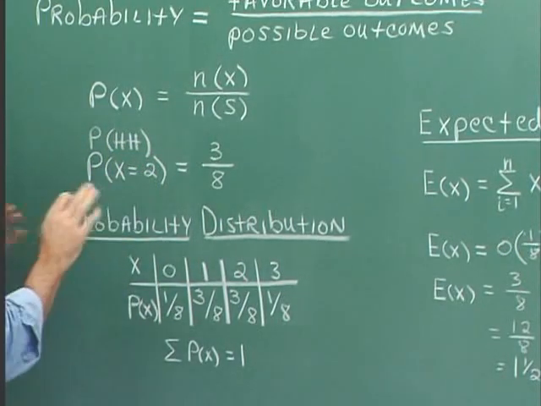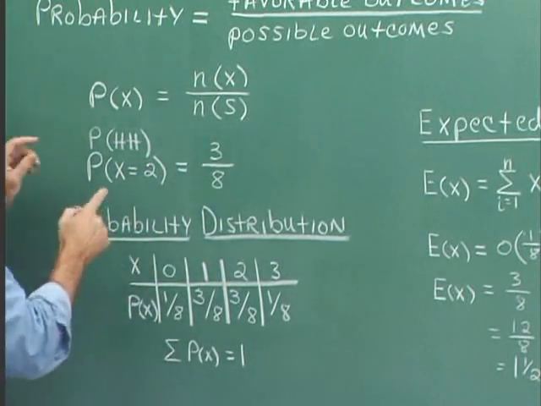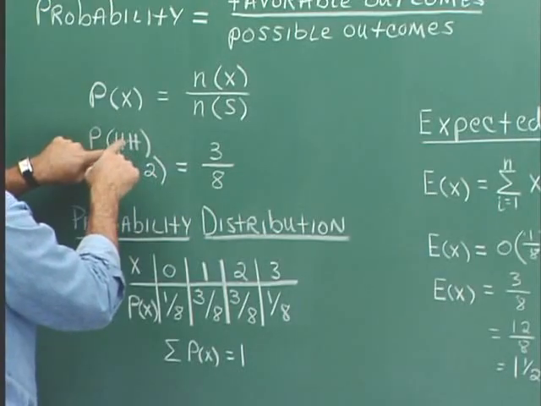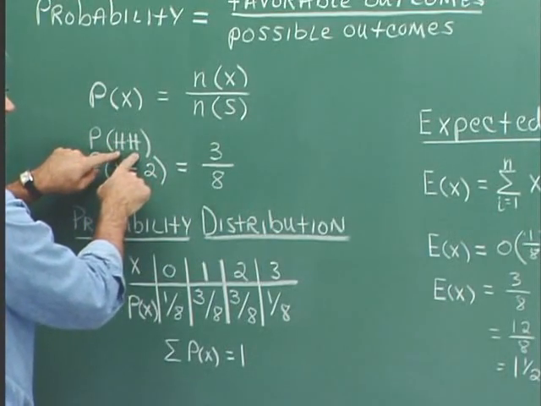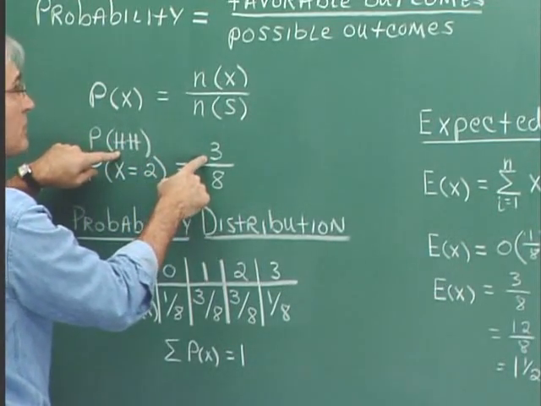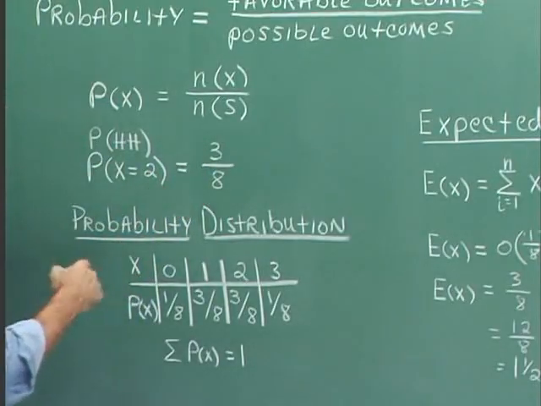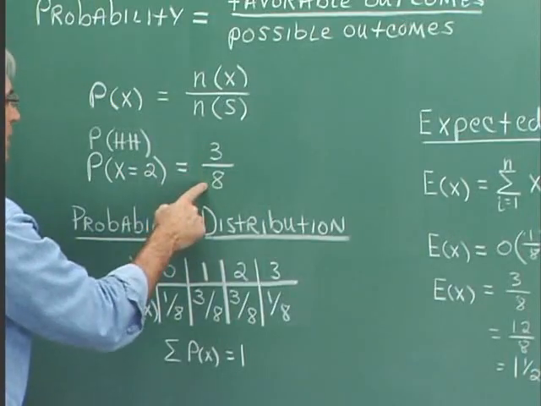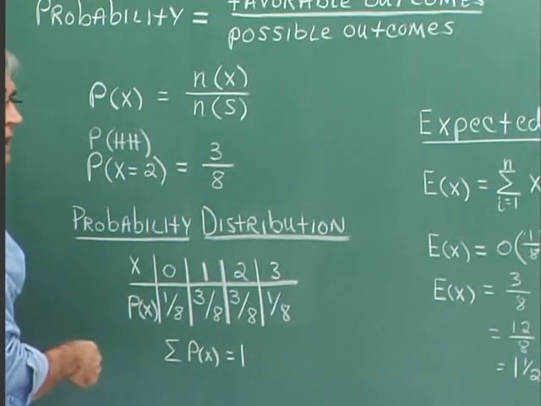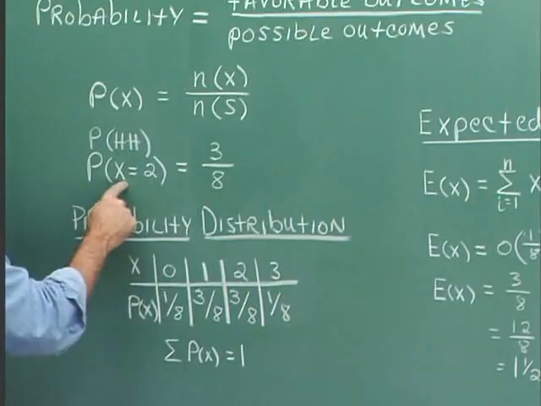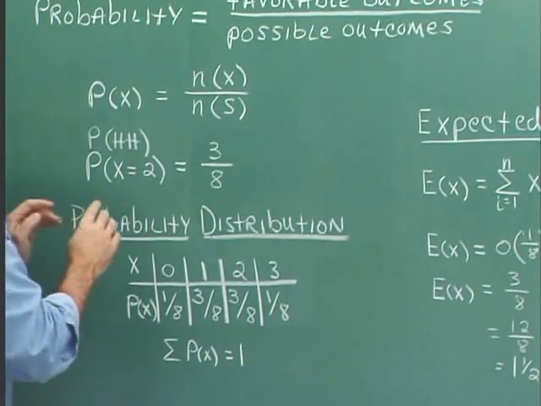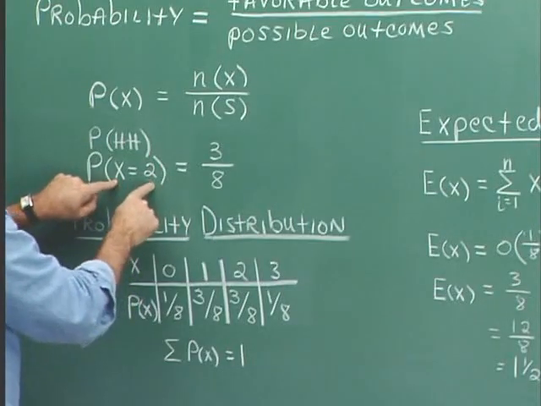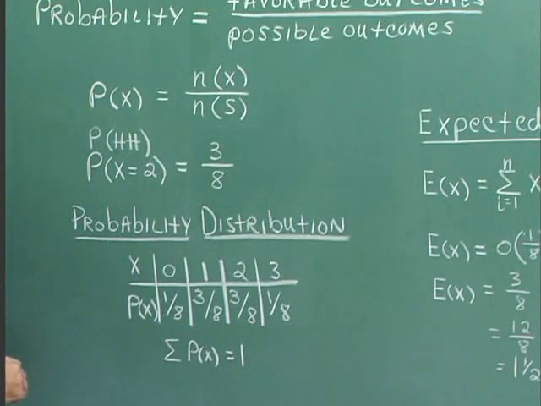We could go through the sample space and count how many of the items had a 2-head situation. There were 3 of those, so that's favorable outcomes. The entire sample space consisted of 8 items. So 3 over 8, 3/8, is the probability. Now this x equals 2 notation is not quite as simple and straightforward as this notation, but it has a more general use, and that's why we put it in here.